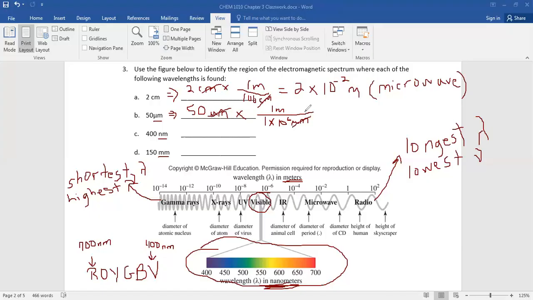The micrometers cancel. So take 50 and then divide by 1 times 10 to the 6, and you get 5 times 10 to the negative 5th meters. And so that's going to be right in the IR region.